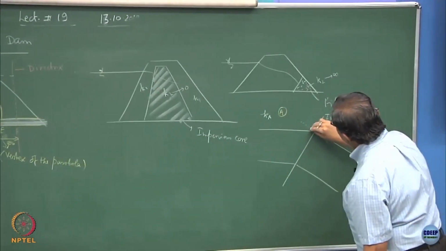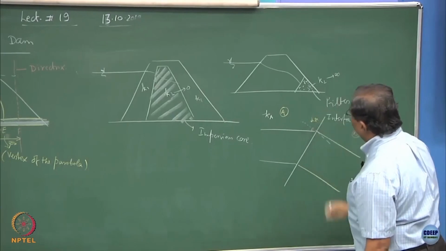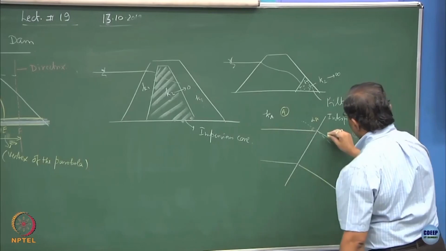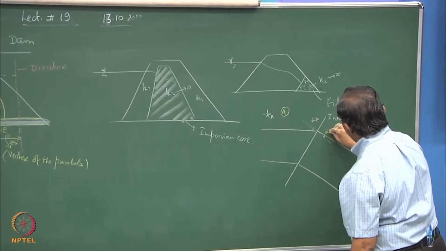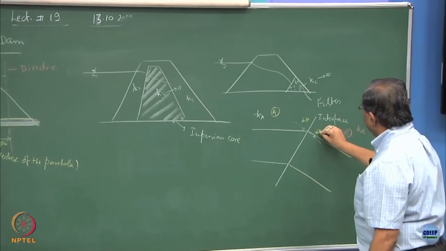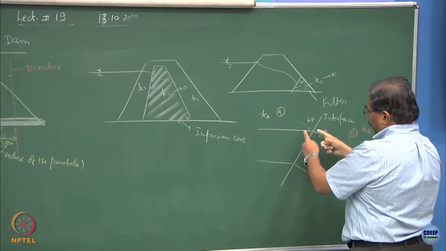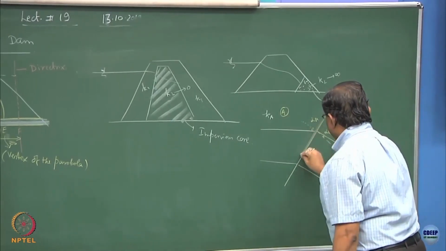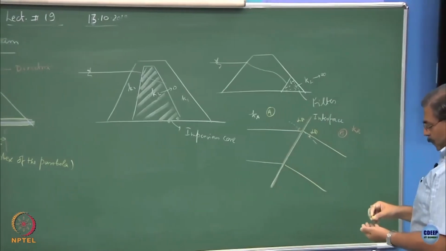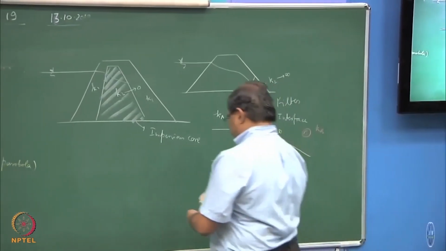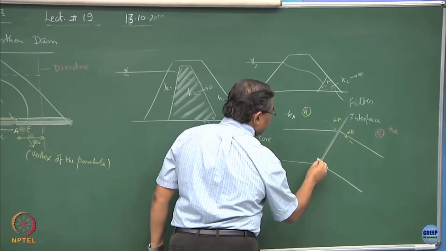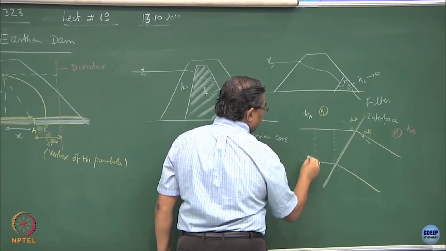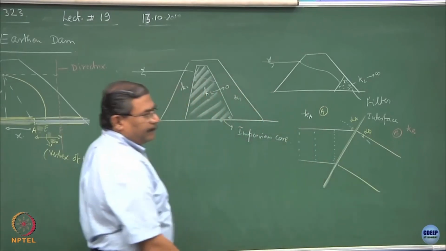This angle is alpha A, the angle of incidence of the flow line in the media A. This angle is alpha B, the angle of deviation with respect to the perpendicular drawn on the interface. I will show the interface as a thick line. I can draw the flow nets. This is the first equipotential line, second equipotential line, third equipotential line.